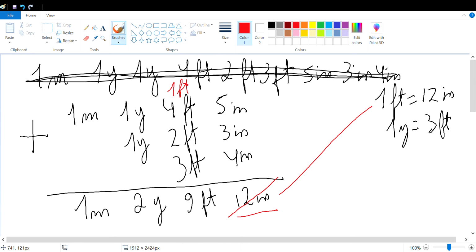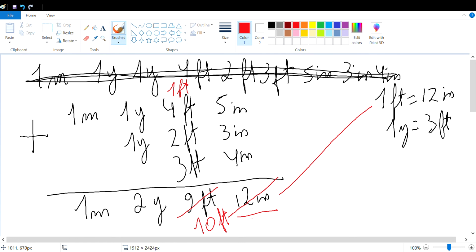Remember that it was 9 before, so 9 plus the new foot equals 10 feet. Goodbye, 0 inches, 10 feet.